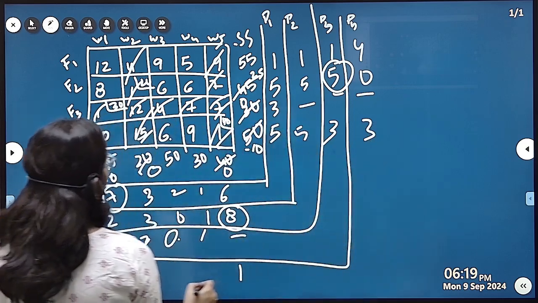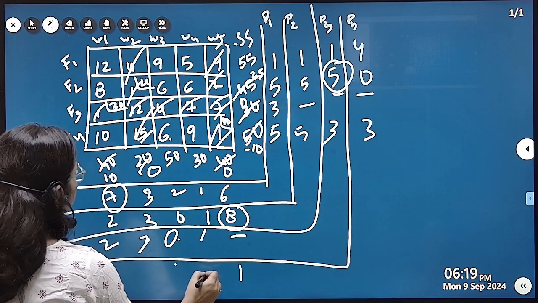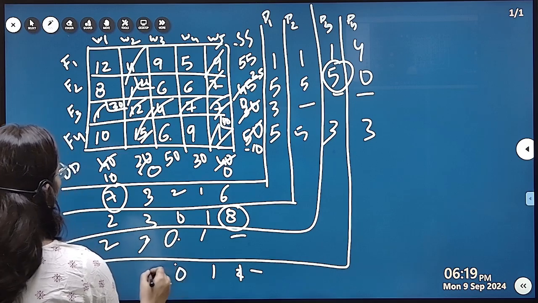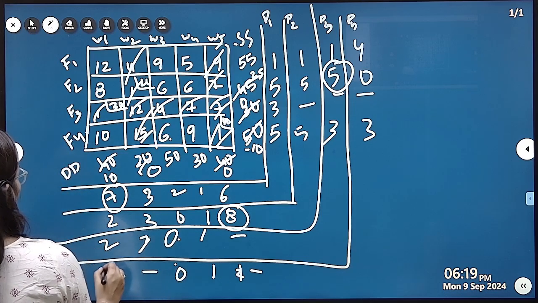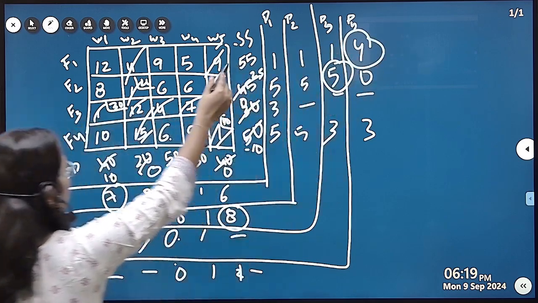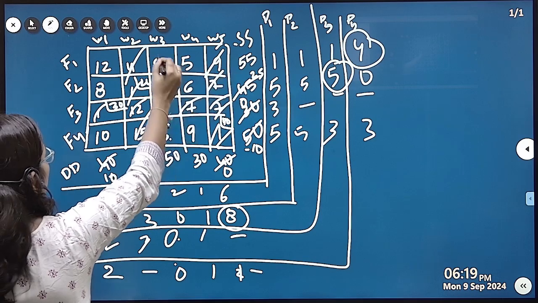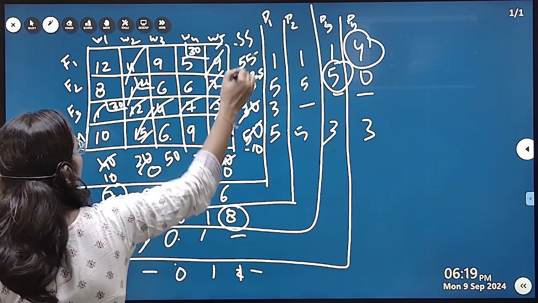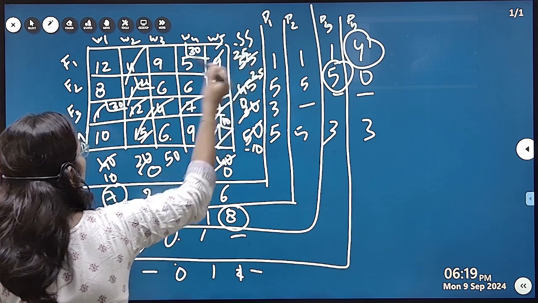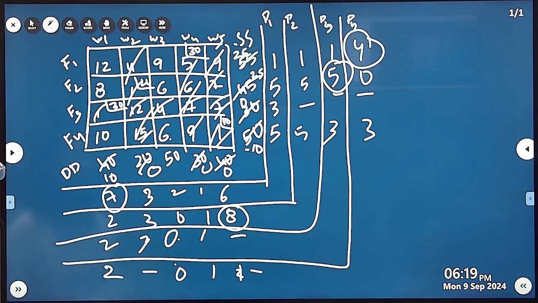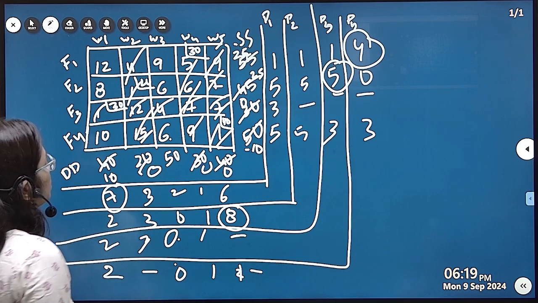Here 1, and sorry, here nothing is there. 1 0, here 2. Which one is the higher number? 4. How many units are needed? The least number is 5. It can give only 30 units, so the remaining 25 units are there. So next, tell me which one is the least number? 9 minus 12.